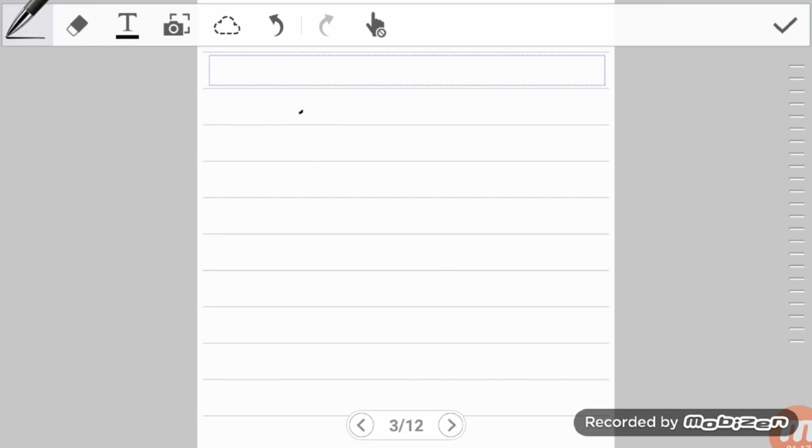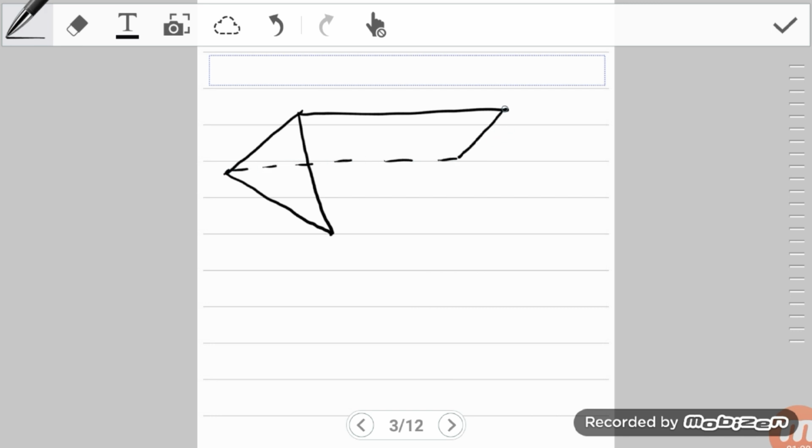Not a very good artist. It looks something like that. And let's do some background drawing here. So that was the diagram that we had.